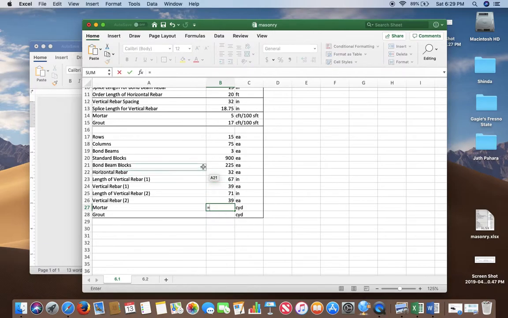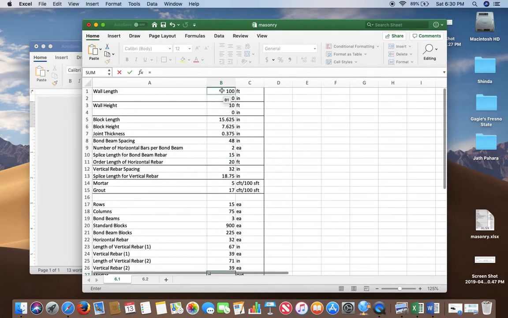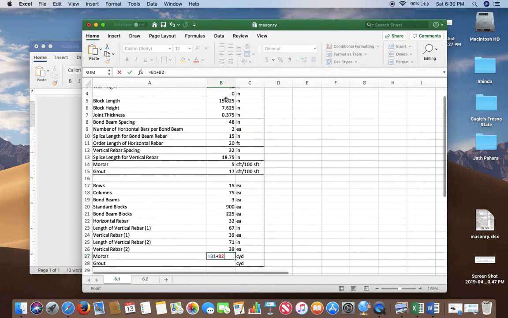We're going to take your wall length plus your B2 again, which is 0, and then we'll divide that by 12, close the parentheses, multiply that by the next set, which is going to be our B3 plus B4 divided by 12.